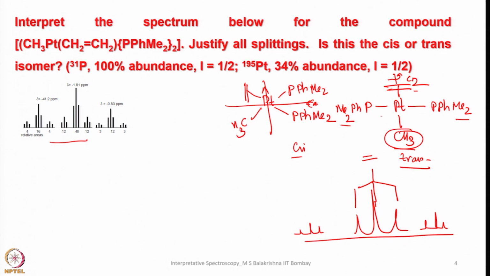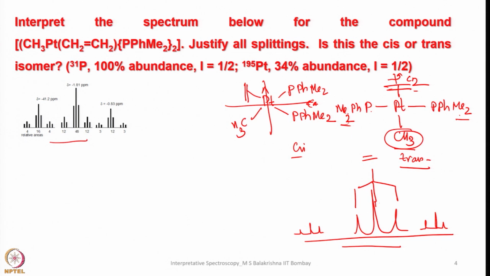First the CH3 protons will be split by 2 identical phosphorus into a triplet, and then they are further split by platinum, showing platinum satellites here. It is identical to what I have drawn here, and when we look into these 6 protons here and 6 protons here, they are quite similar. As a result, these 12 protons are split by phosphorus into a triplet, and then platinum will split them into a doublet.